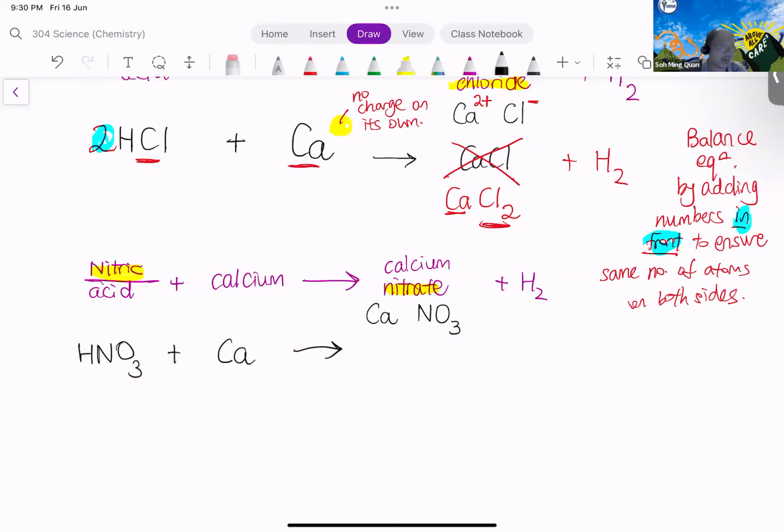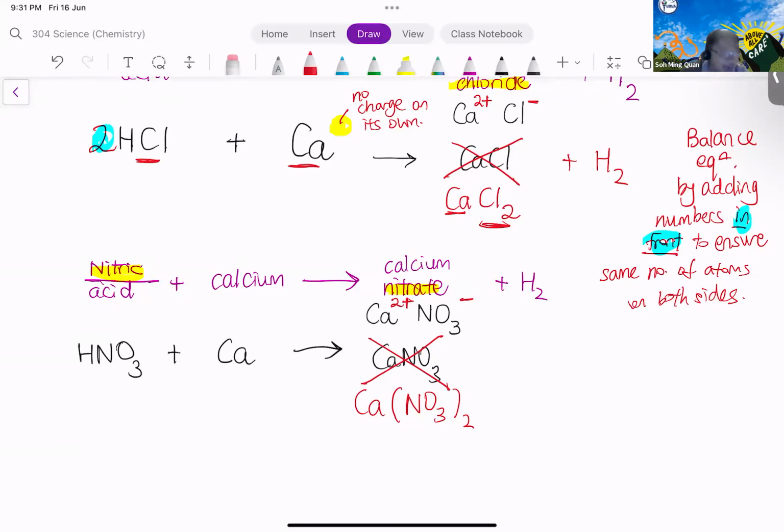So again, many of you like to immediately write CaNO3, 1 calcium, 1 nitrate. Cannot. Why cannot? Why is CaNO3 wrong? You look at the charge. Calcium is doubly positive, nitrate is only 1-. The plus and minus are not balanced. To balance the plus and minus, you absolutely must have 2 of the nitrates.